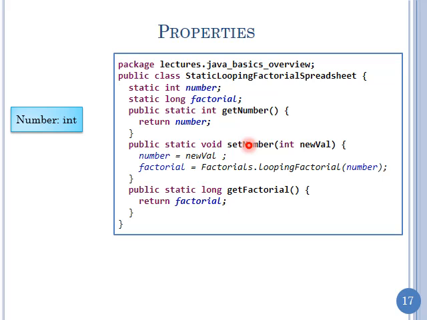Now, I said its name is number of type int. How did I pick this name number for the name of the property? That's what you're getting and setting, by which you mean that my getter name is of the form get number.